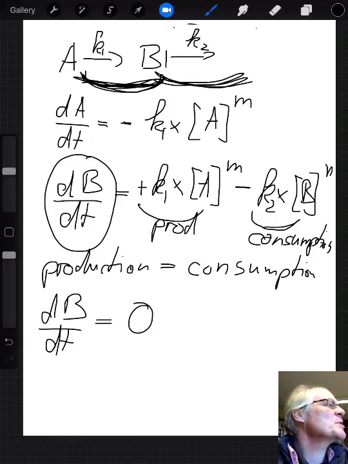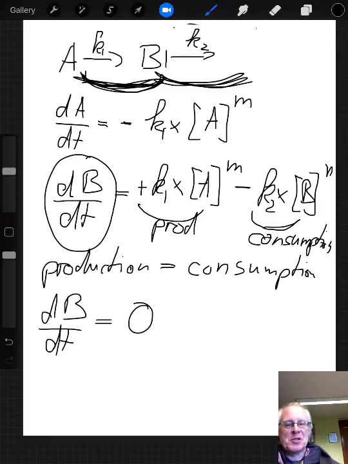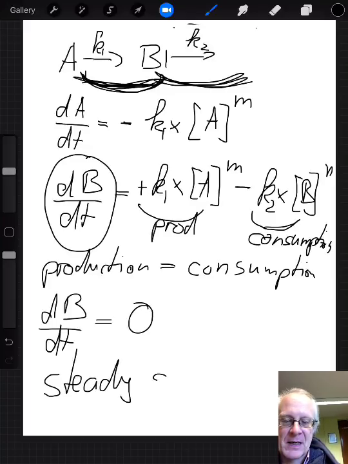B is being used, yes, there's no change in B over time. And here, Daniela puts it absolutely right. This situation where the production and the consumption cancel each other out is called a steady state.